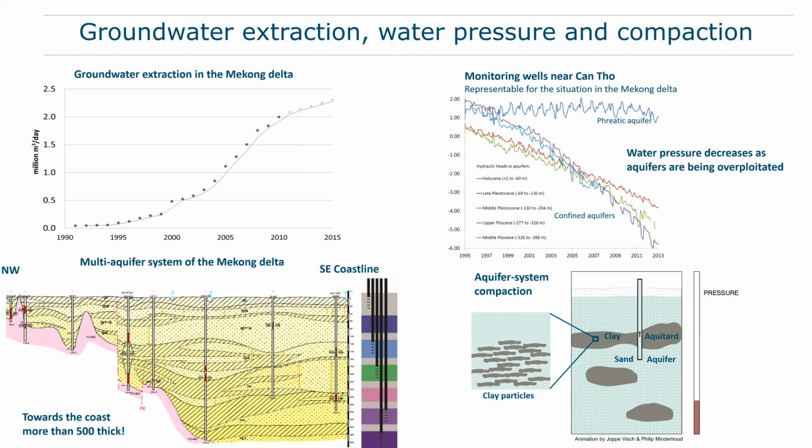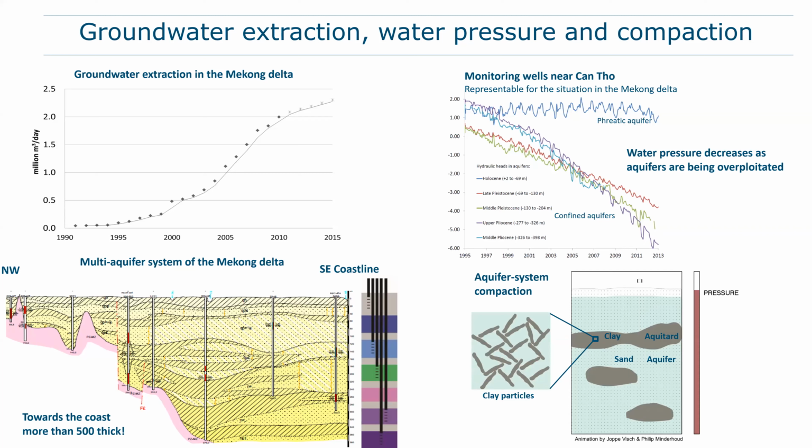And when this water is excluded from these clays, they start to realign, and it means that the volume that they take up is smaller, and this can happen at any depth in this aquifer system. And as a result, when you decrease the pressure and you have a lot of these clays, you create a lot of aquifer system compaction, which then results in land subsidence at the surface.